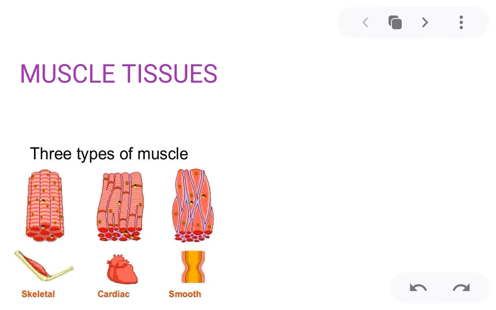Definitely a protein rich diet instead of carbohydrate or fat rich one, because these proteins are responsible for development of the muscle tissue. Proteins are responsible for development of each and every type of cell. For every type of tissue they are required, especially for muscle tissues proteins are needed.